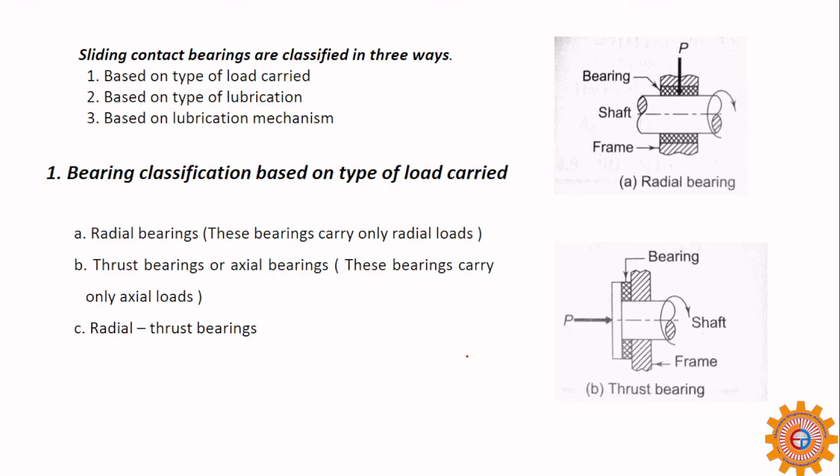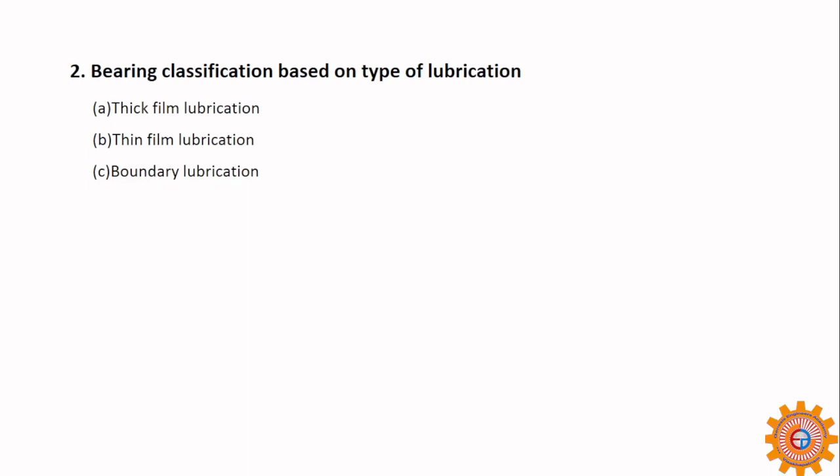Next is bearing classification based on the type of lubrication, that is thick film lubrication. That means between the bearing and the journal the gap is very large, and that gap is filled with lubricant.